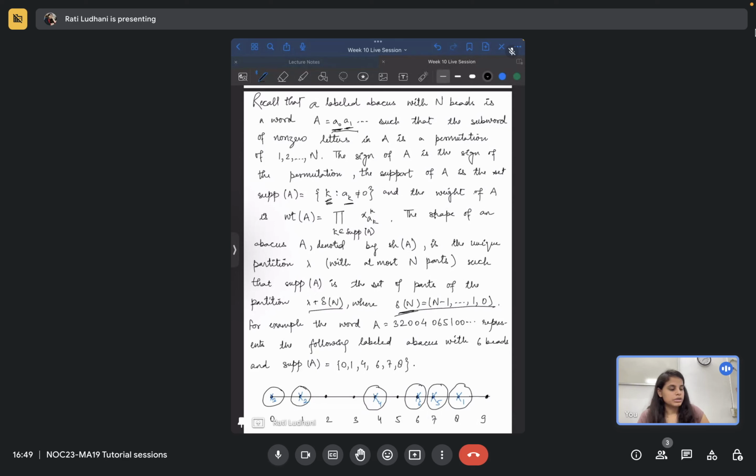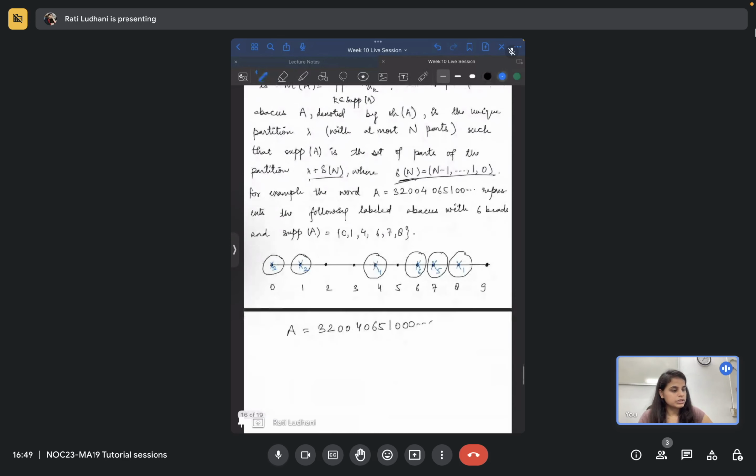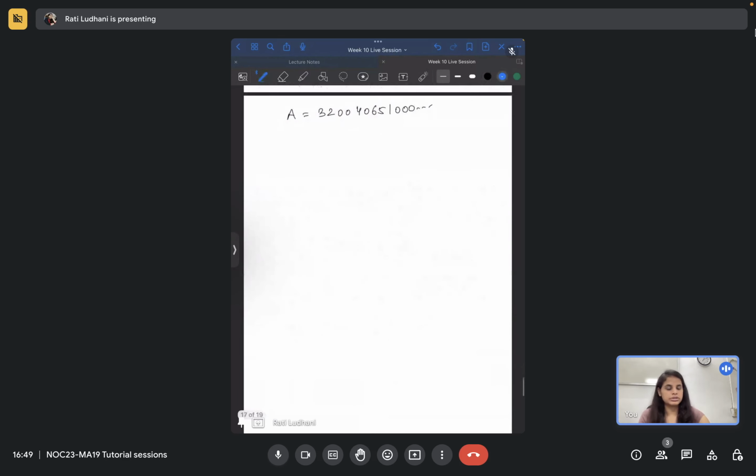Now for example, you consider a to be this, and now how are we doing that? Now I'll draw everything. This is your labeled abacus. You will first write all the numbers: a0, a1, a2, a3, a4, a5, a6, a7, a8, a9 and so on.